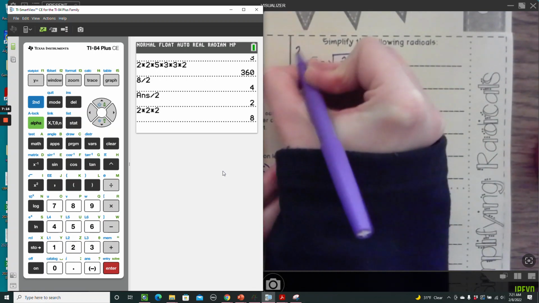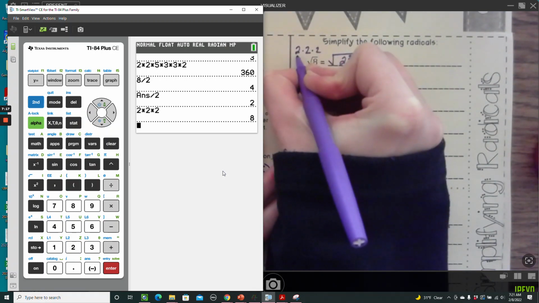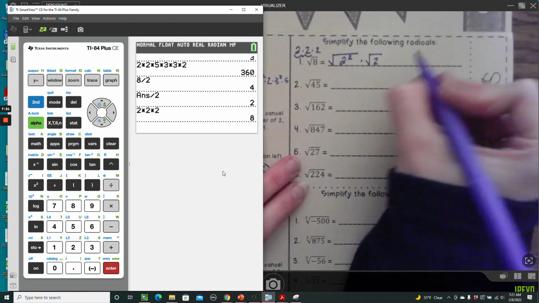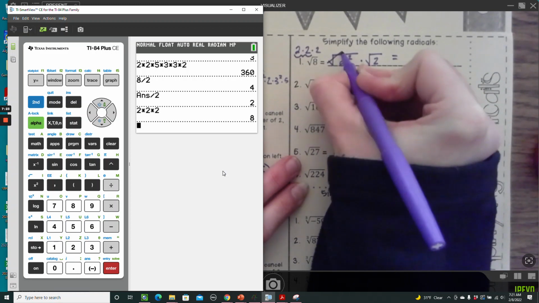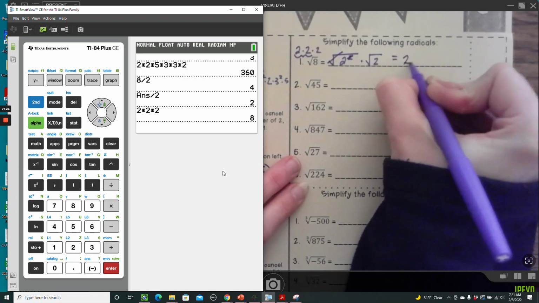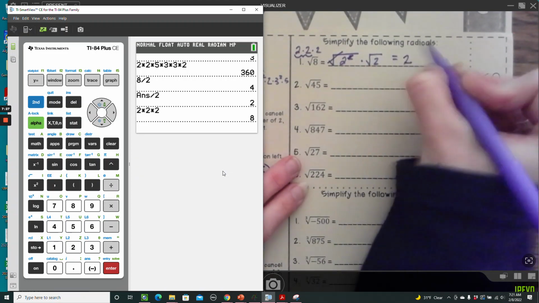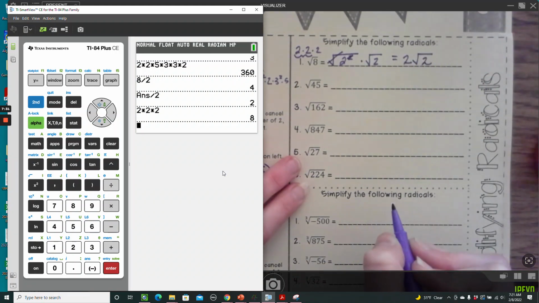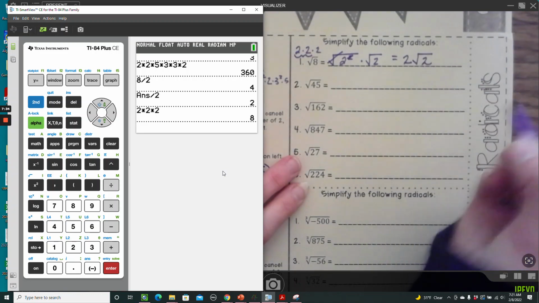I'm just grouping 2 of these together so I can cancel out that radical. This radical cancels this exponent, and I'm left with a 2. I still have the square root of 2, and there's nothing to simplify there.